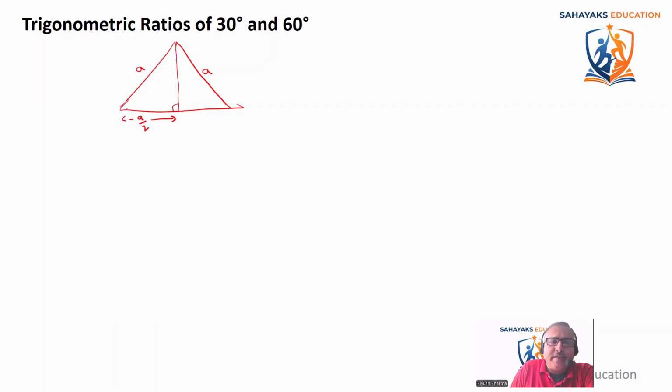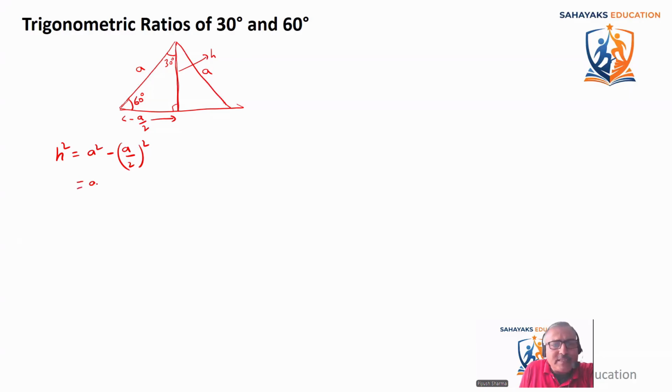Now, what is the angle in an equilateral triangle? This angle is 60 degrees, and this angle is 30 degrees. Okay. Now, with the help of A and A by 2, we can find the length of the height here. If I consider this length as height h, then h square is equal to A square minus A by 2 whole square, from Pythagoras theorem, isn't it?